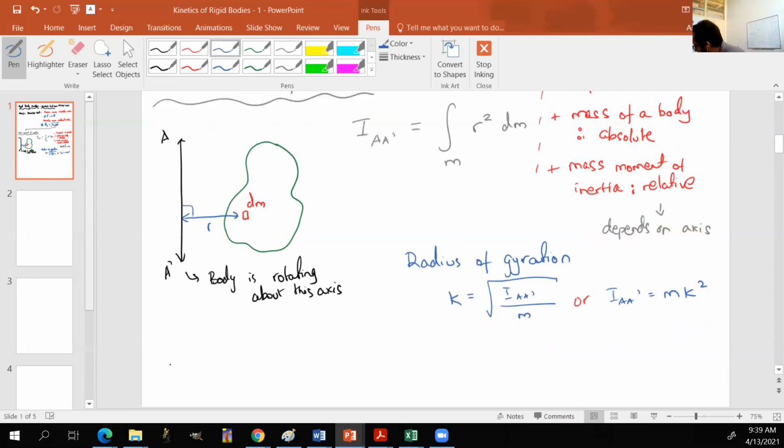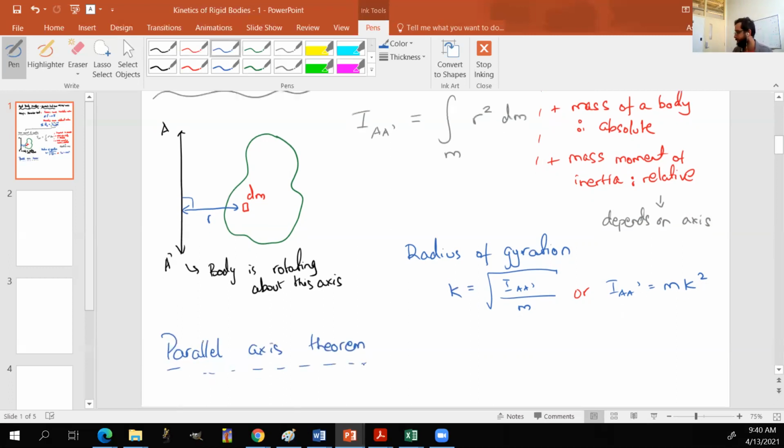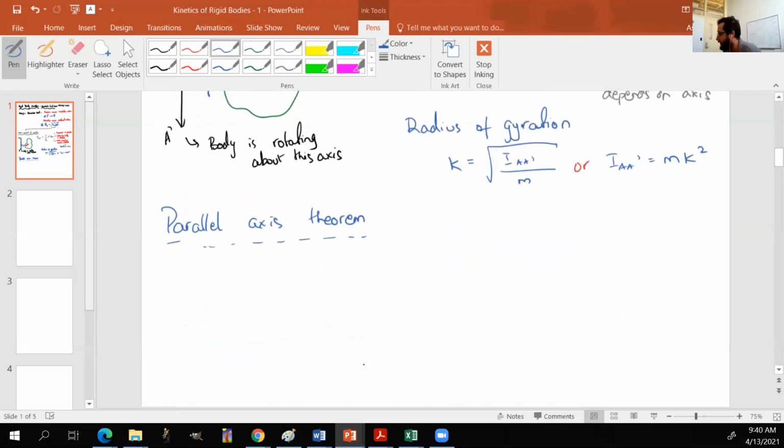All right, as we said, with your area moment of inertia, the same kind of principles apply. So you have the parallel axis theorem. Say you've got your rigid body like that. You've got an axis which passes through its mass center G. So let's say that this axis is like that.